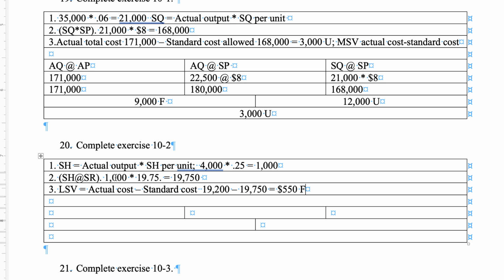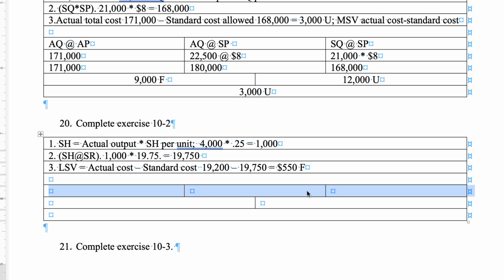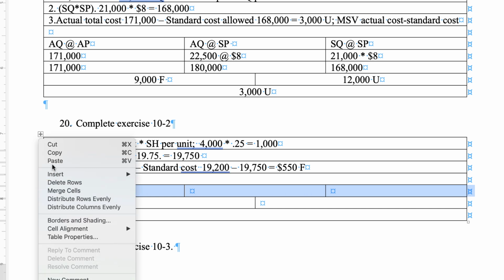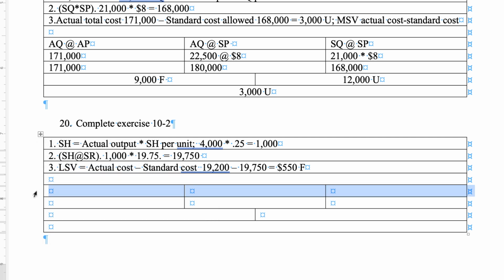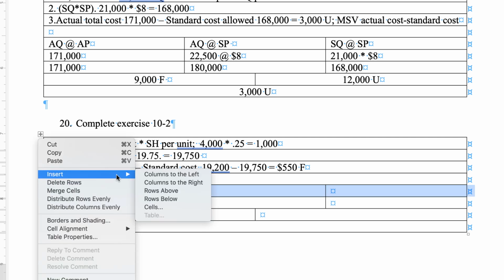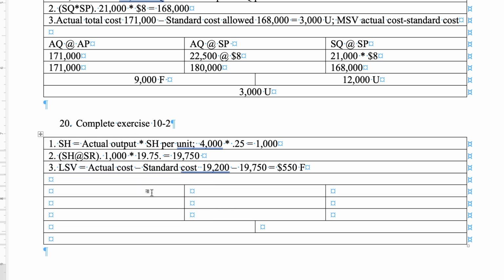Okay? Now, if you can do me a favor, go down to this one row that has 3 in it, and I want you to add, and again, I apologize, 2 more rows above. So there's 1 and there's 2. Okay, so now number 4, they want us to find the labor rate variance and the labor efficiency variance. Easy peasy lemon squeezy, right? Super duper easy.